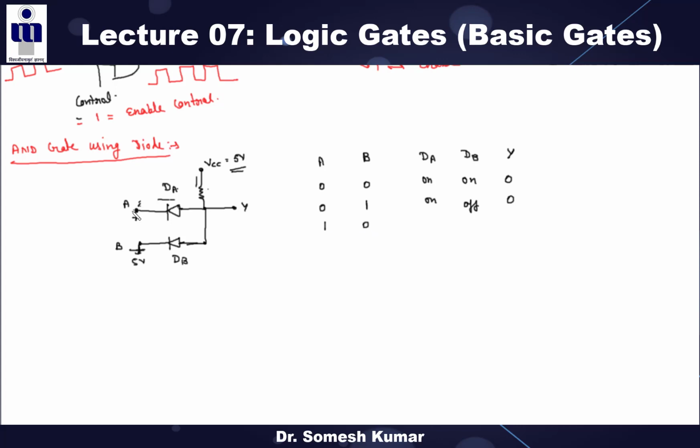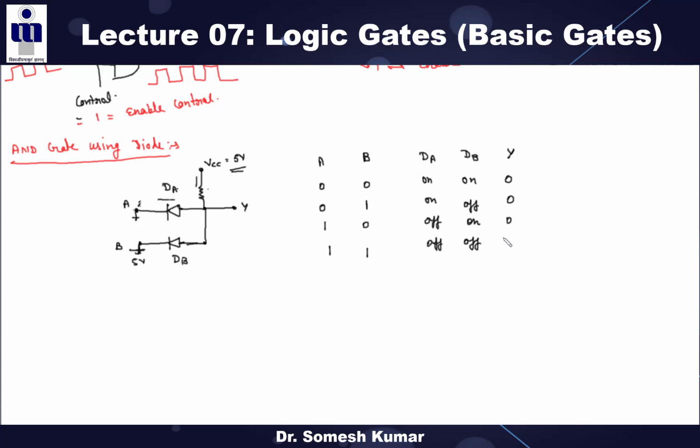What happens if it is the opposite way? Similarly, DA is what in that case? Off, and DB is on. And what is the output? 0. What happens in this case? Both DA and DB are reverse biased and both are off, right? Clear?